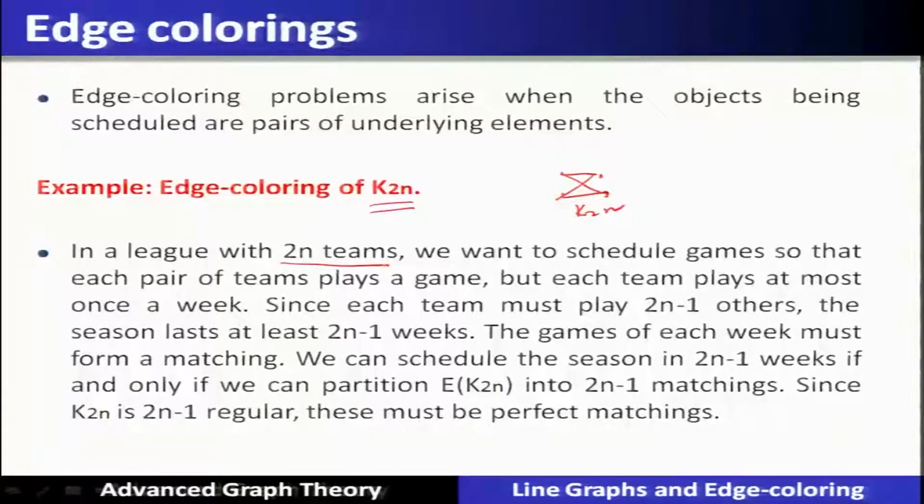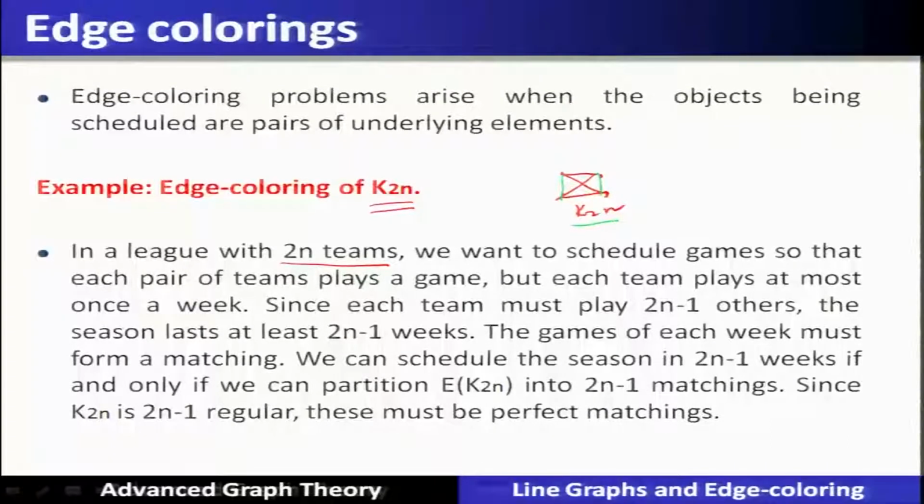We can schedule the season in 2n minus 1 weeks if and only if we can partition the edges into 2n minus 1 matchings. Since K_2n is (2n minus 1)-regular, there must be a perfect matching.